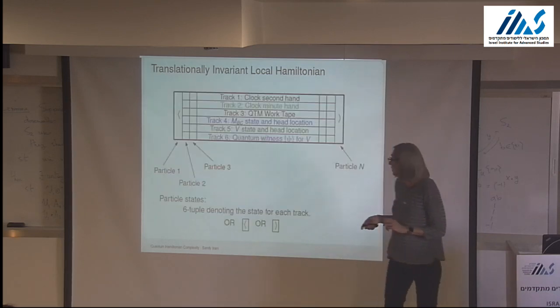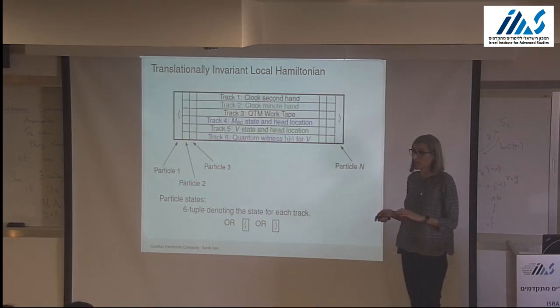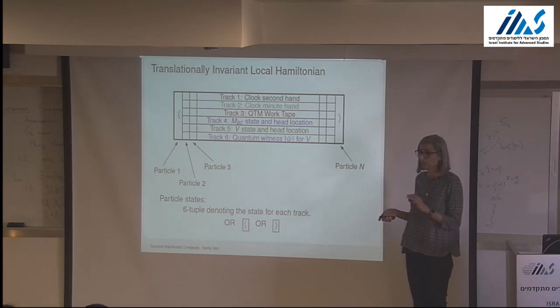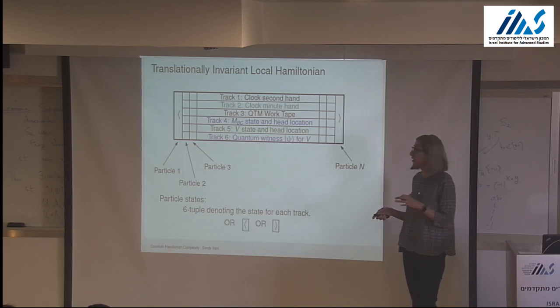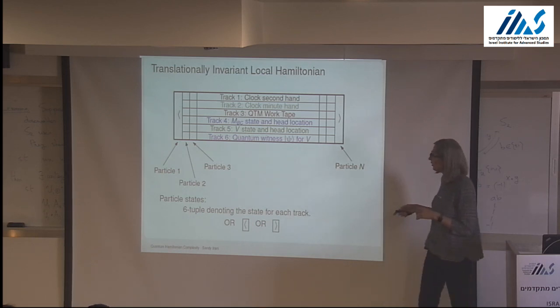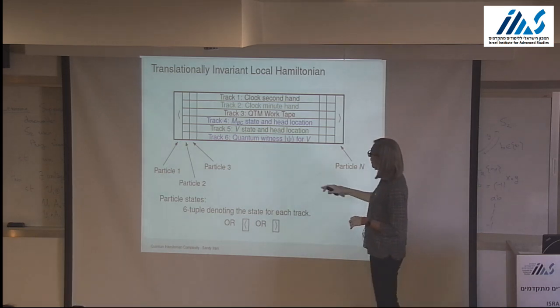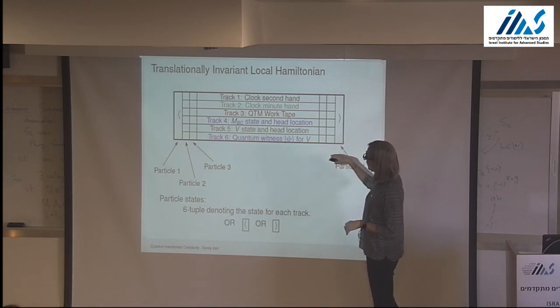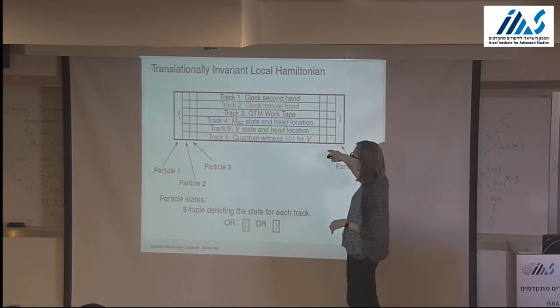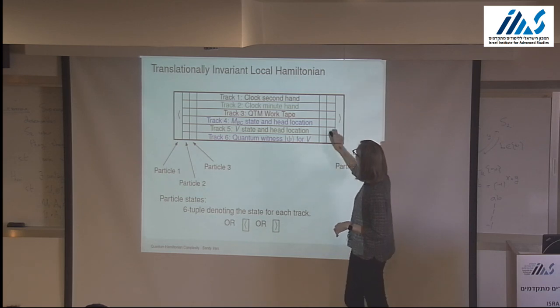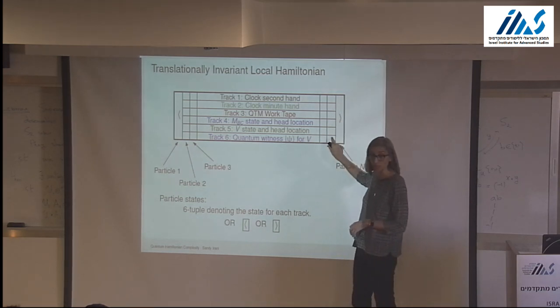Okay? So here's what a particle looks like. And you know it's a theoretical result when you don't even count the dimension of the particles in the paper. So you can think of the Hilbert space as having layers. Each particle is like a sextuple that encodes different things.